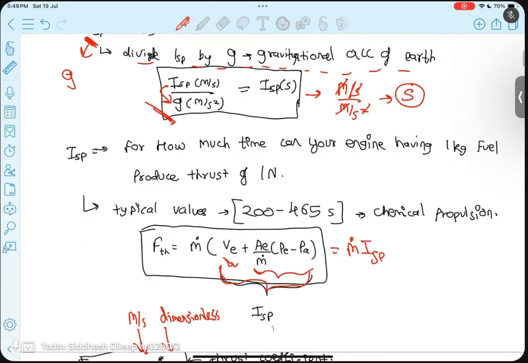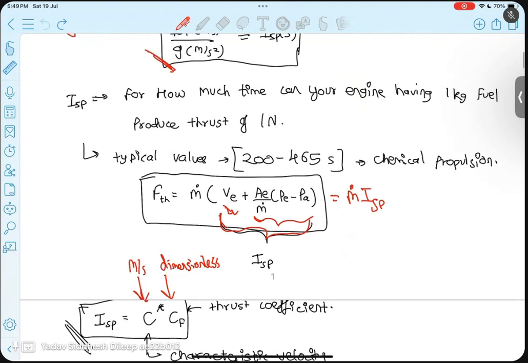Cool. I hope this is clear. I have already explained the definition of Isp when it is written in meter per second, that is, it is the overall exhaust velocity. As you can see in this equation, F equals m dot.